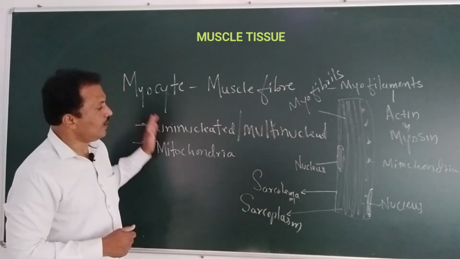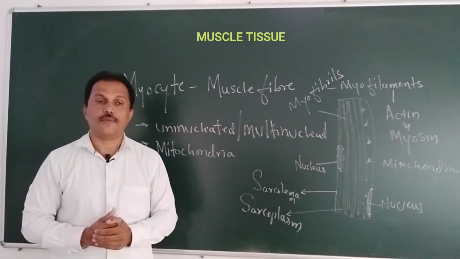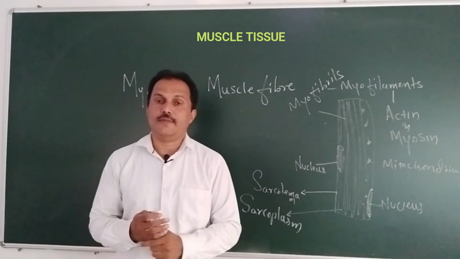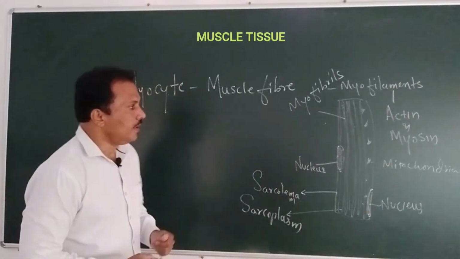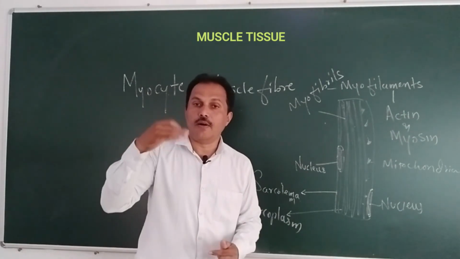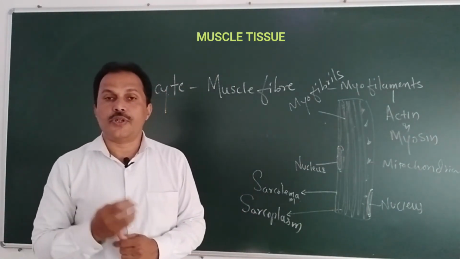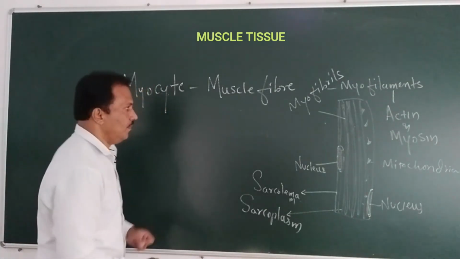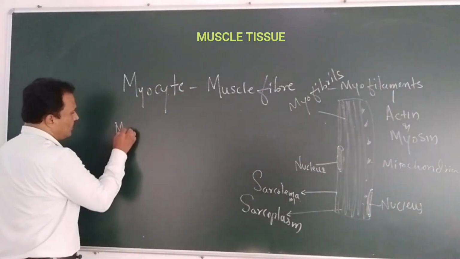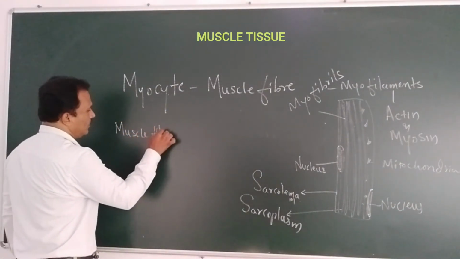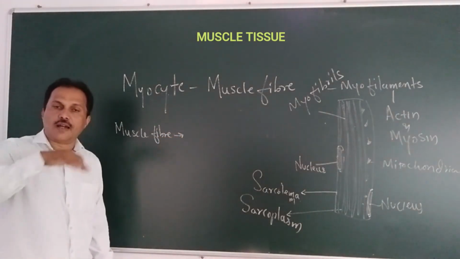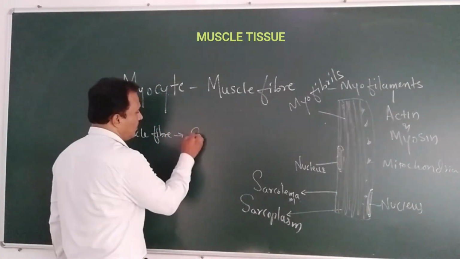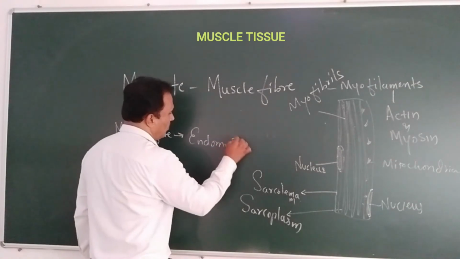So this is in short an overview regarding the structure of muscle fiber. Each muscle fiber is covered by a sheath of connective tissue known as endomysium.